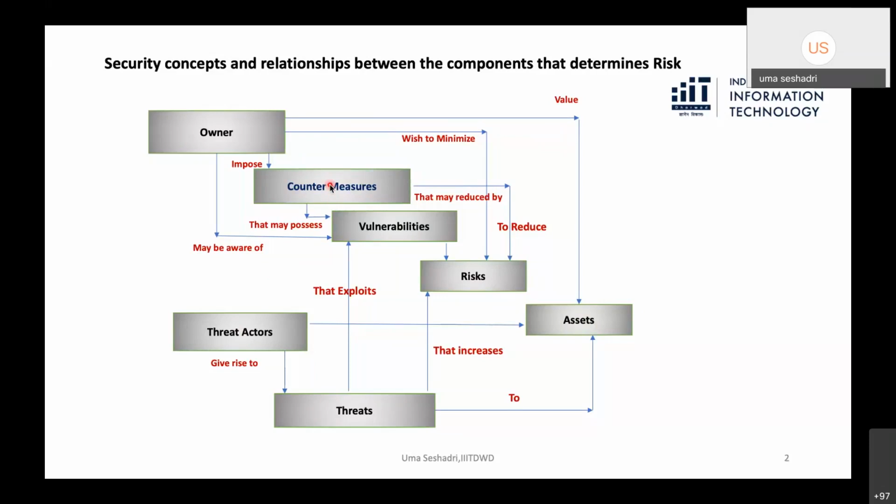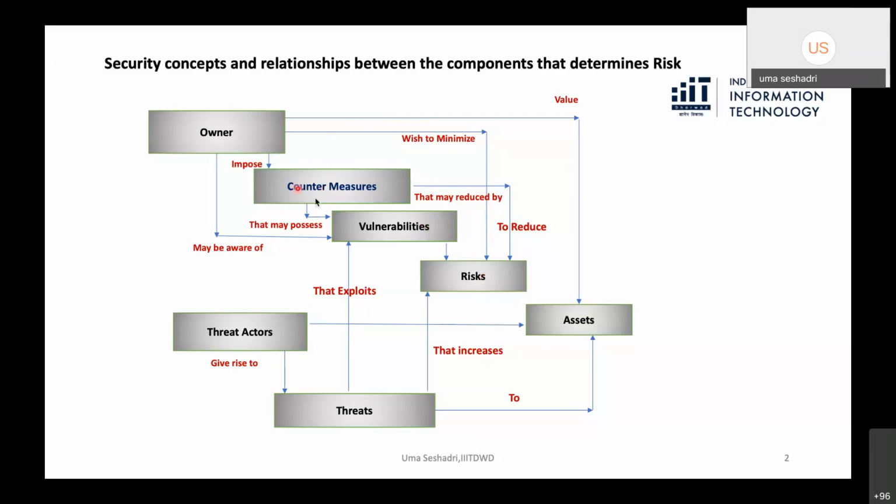Individuals, working professionals who are working on security related jobs, they go for certification in the security aspects, because they are going to add value to the system and to the organization by trying to reduce this risk, by adopting various risk management strategies.